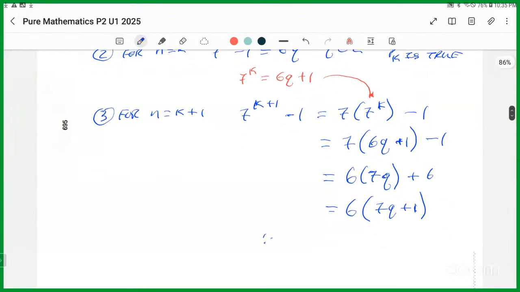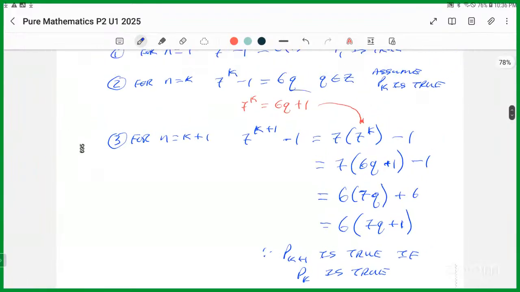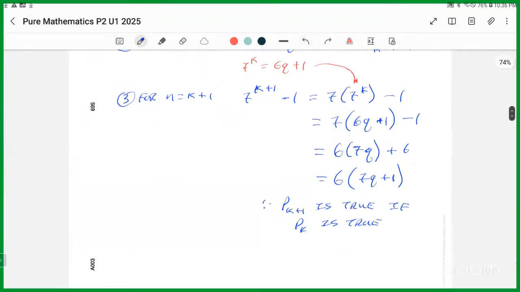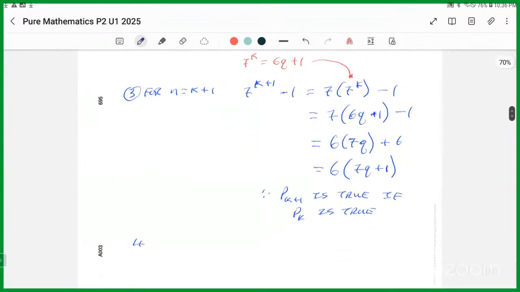Therefore, it means that P(k plus 1) is true if P(k) is true. Why is that? Because we use the result of P(k) including P(k plus 1). Now we come to the last line, which is the conclusion.